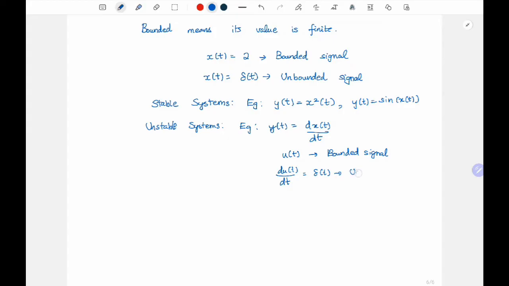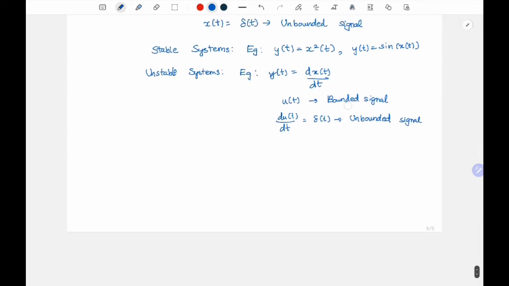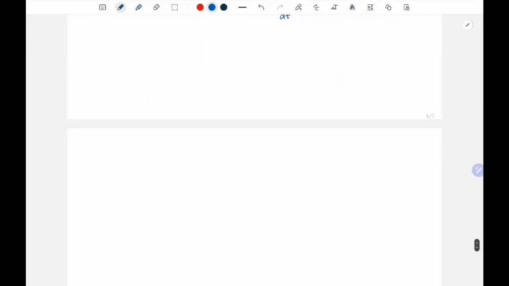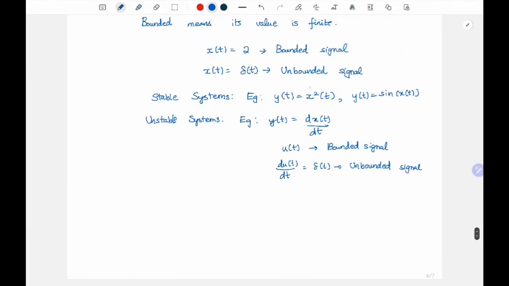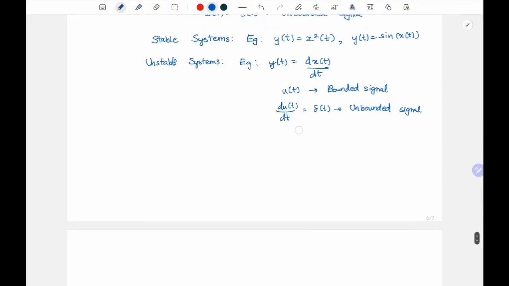But this is unbounded, correct? So the system itself is unstable. Okay. For stability, for every bounded signal the output should be bounded. But to prove that it is unstable, you can just take one example of a bounded signal giving an unbounded output. That is sufficient to show that the system is unstable.